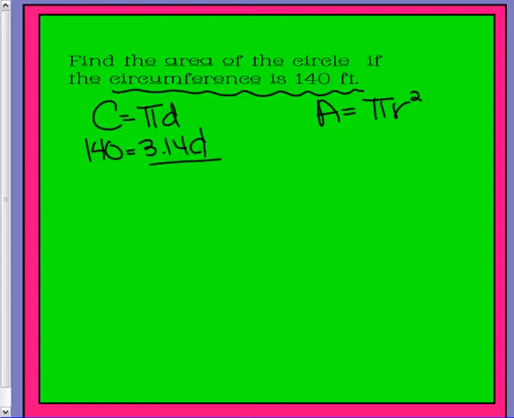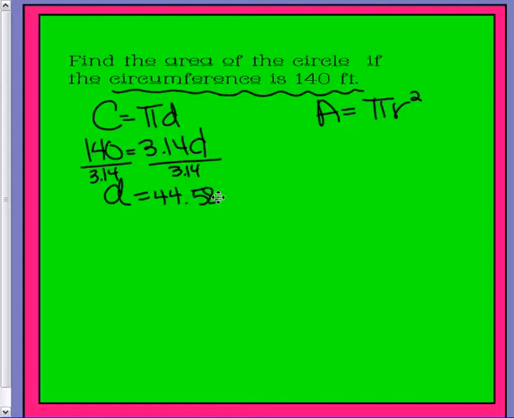You have pi and you have 140. Well, what's bothering D? The 3.14. So if we divide 140 by pi, we will find the diameter. So divide both sides by pi, and our diameter equals an obnoxiously long number because it's irrational.